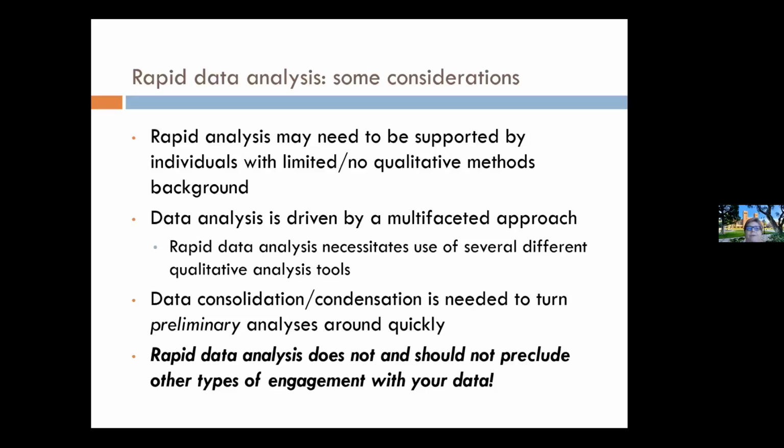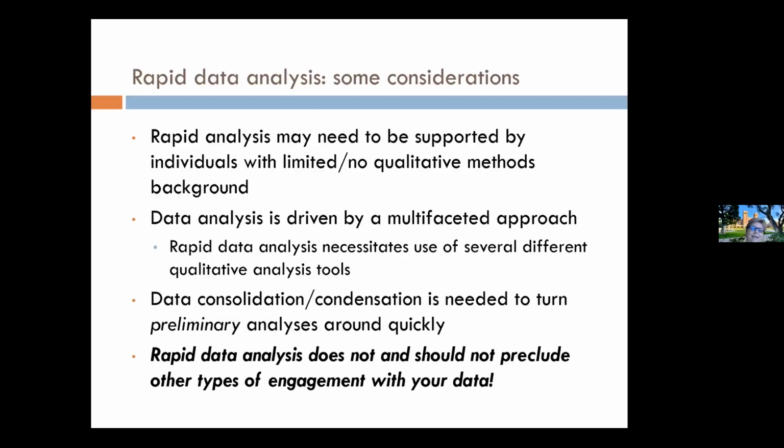I'm definitely more of the mind that we need to use a lot of different tools to work with our data. This process that I'm going to share with you is a process of data consolidation or condensation. That is at the heart of it, and there's no way around that. That's part of what we need to do to be able to turn preliminary analyses around quickly.